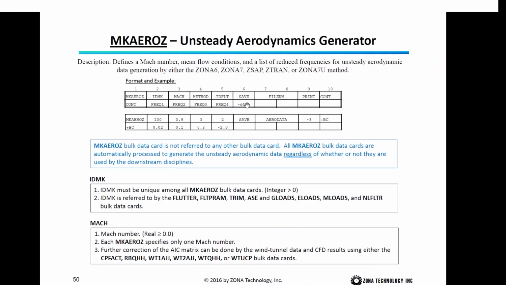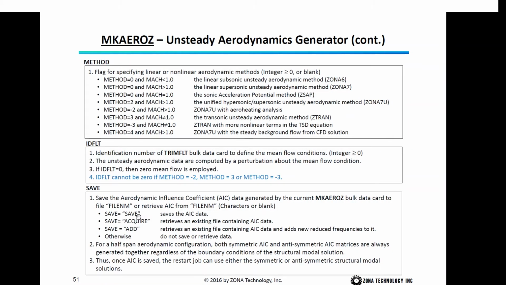And with this you can save the AIC matrix, or you can acquire an existing AIC matrix, and also you can say SAVE equals ADD. This means you retrieve an existing AIC matrix and add a new reduced frequency to the reduced frequency list.